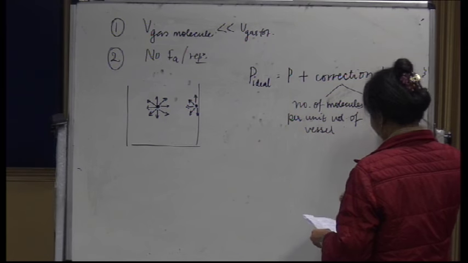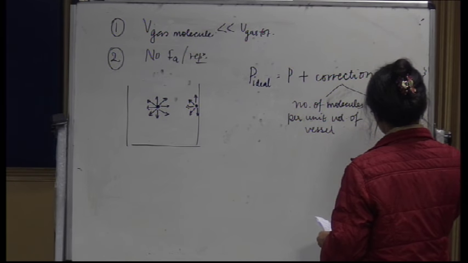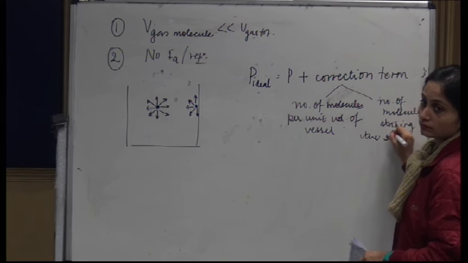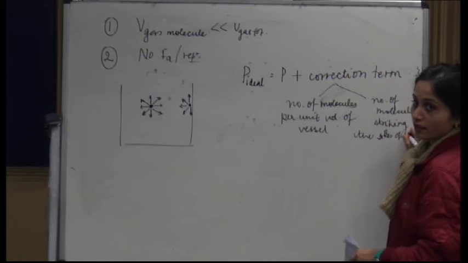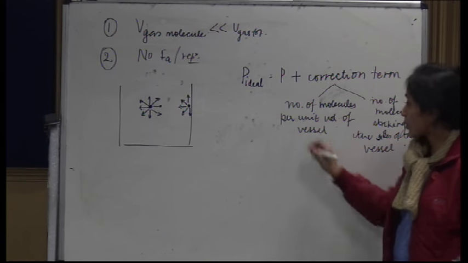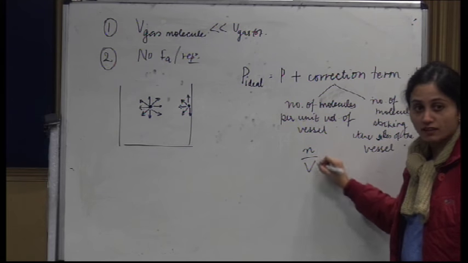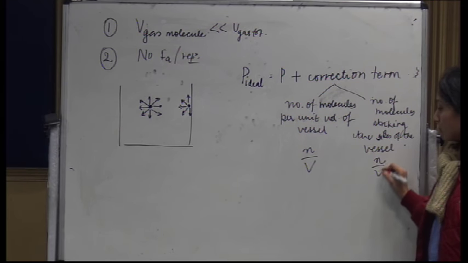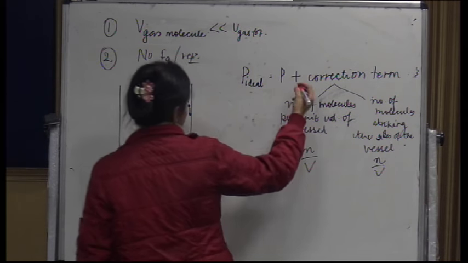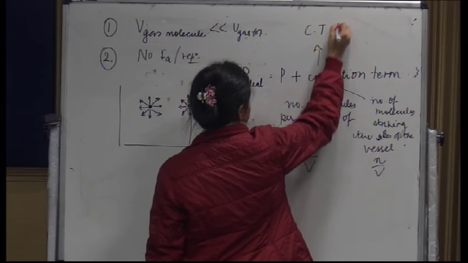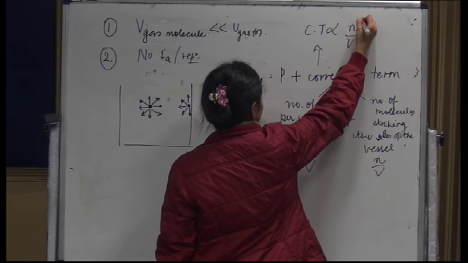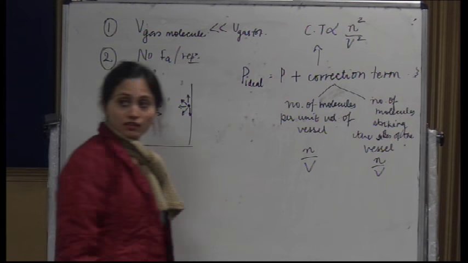which are striking the sides of the container. Number of molecules striking the sides of the vessel. So what is this factor? This is equal to N by V, and this also will be equal to N by V. So my correction term, say CT, is directly proportional to N by V into N by V, which is N square by V square.